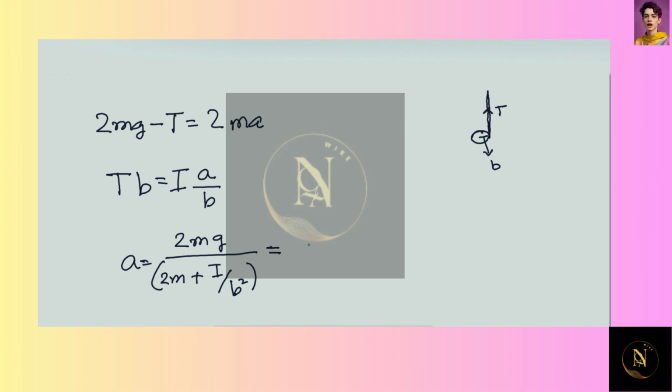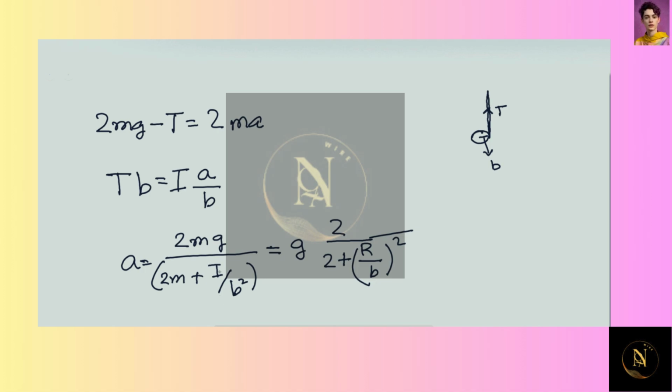From here, we can write it a little differently: g times 2 divided by 2 plus r over b, whole squared. The reason we did that is that we took m outside of the parenthesis.